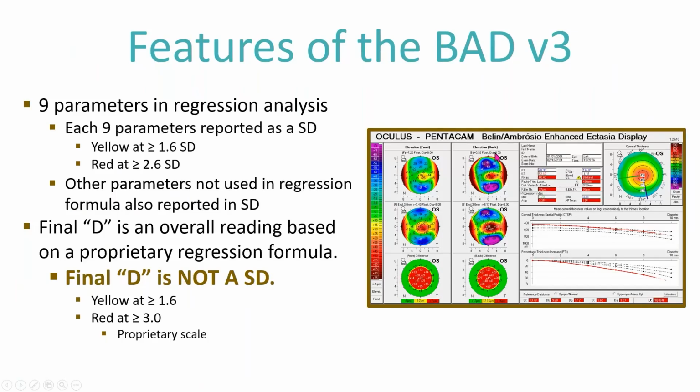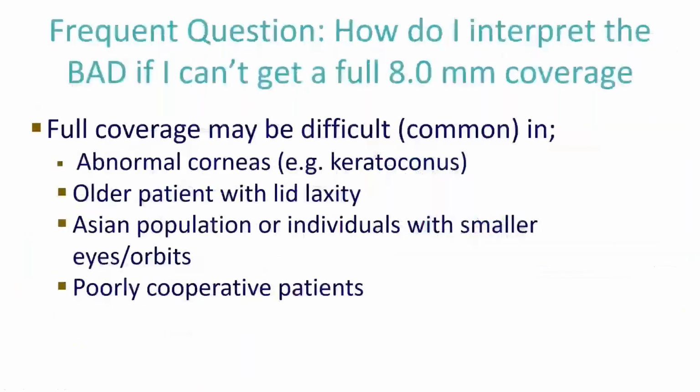At times, you may not be able to get 8 millimeters of coverage. Full coverage may be difficult, and actually sometimes common in abnormal corneas, again, like keratoconus, in older patients with lid laxity, in Asian populations or individuals with smaller eyes or orbits, and obviously in poorly cooperative patients.